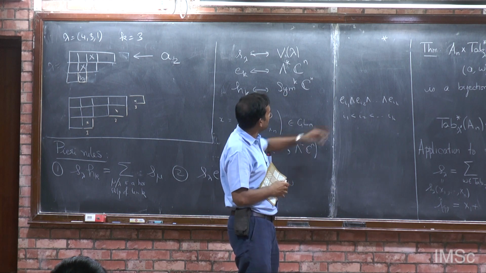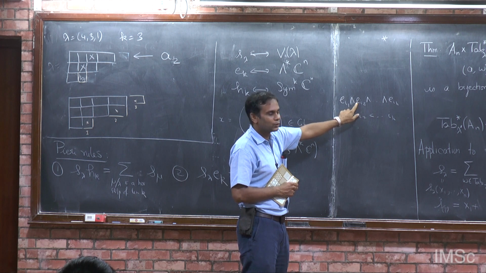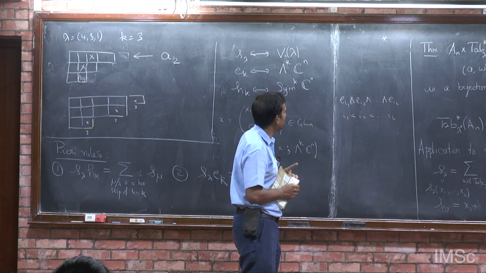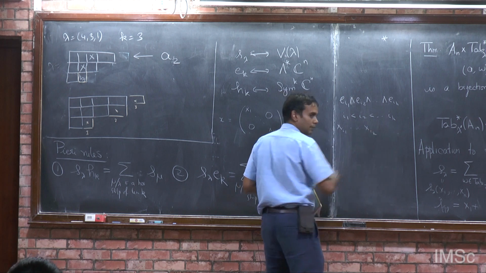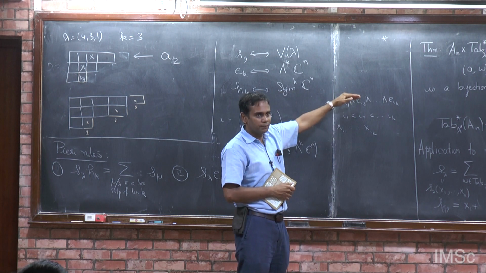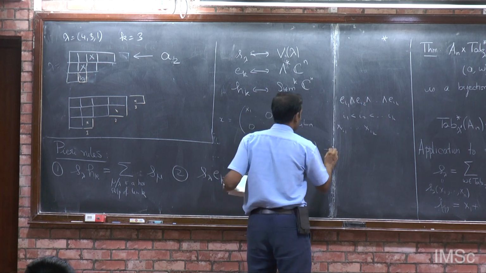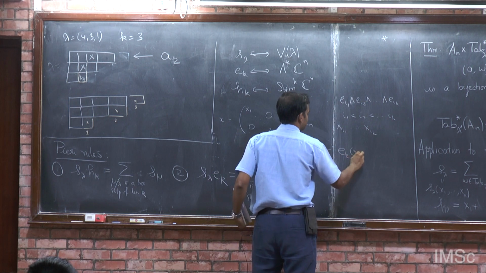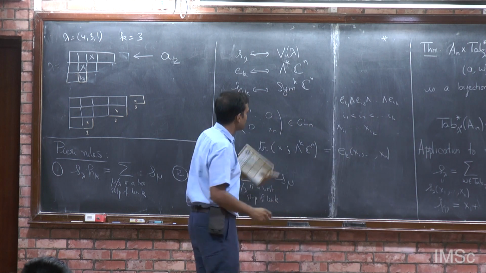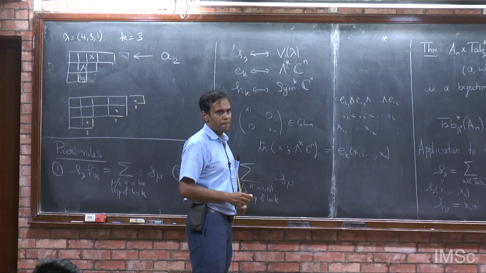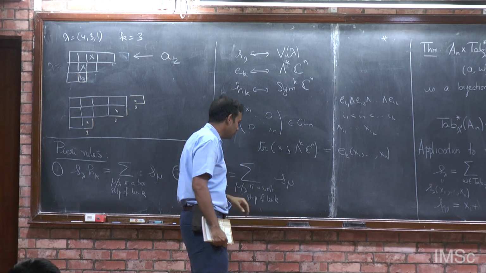So this will get multiplied by x i1, this will get multiplied by x i2 and so on. So this basis vector will get multiplied by x i1 ... x ik. And when you add over all these basis vectors, you will get precisely e k. And if you do it for Sym, you will get h k. So those are pretty easy.